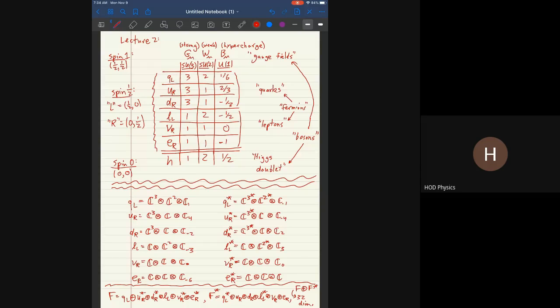And even when you do that, the action is still invariant, so that's a local or gauge symmetry. We saw last time that in order to write down a theory with that property, we needed to introduce corresponding gauge fields, which I'm calling here G mu, W mu, and B mu. These are the gauge fields corresponding to the strong, weak, and hypercharge forces, respectively.